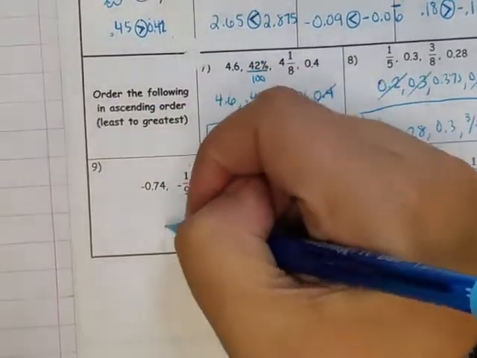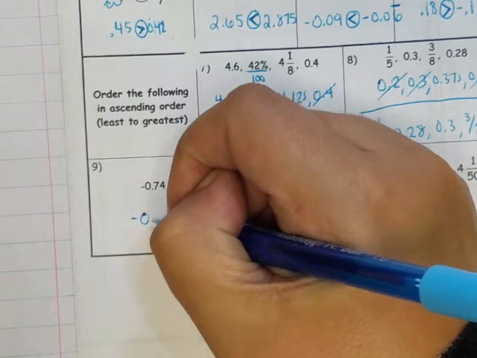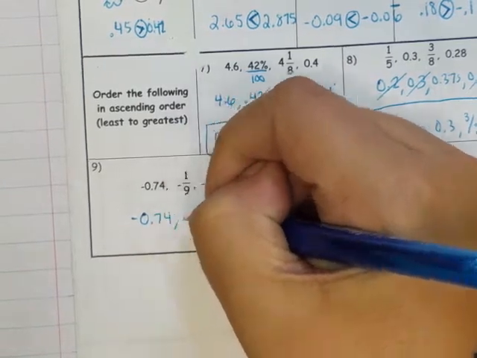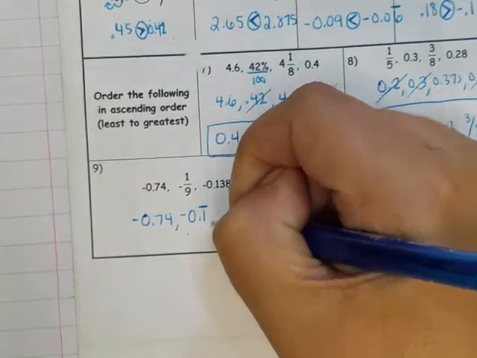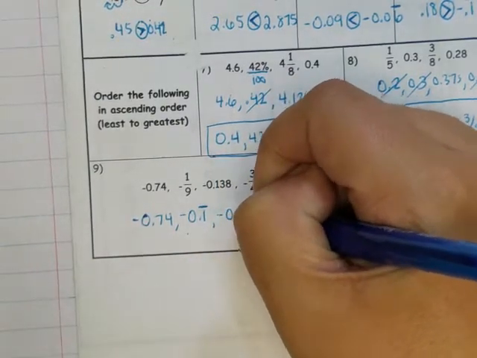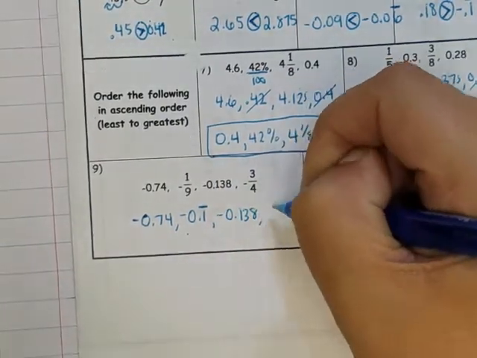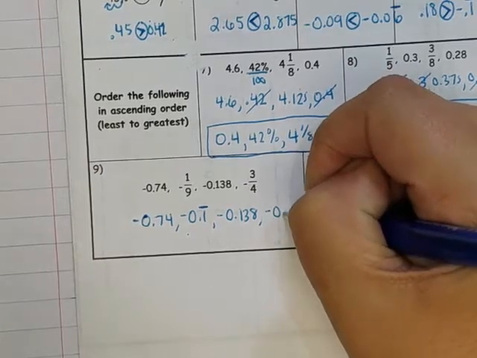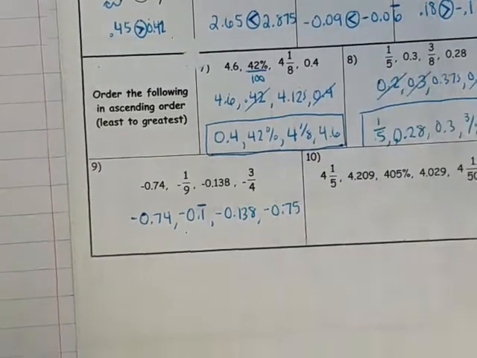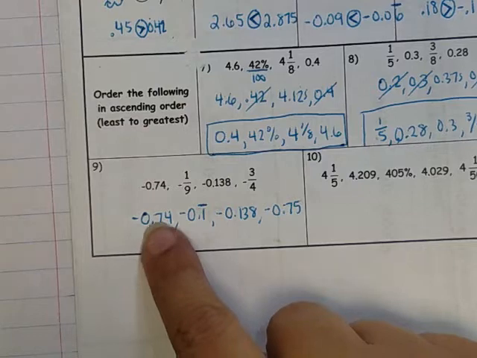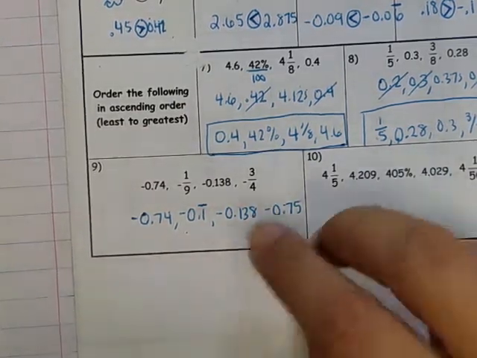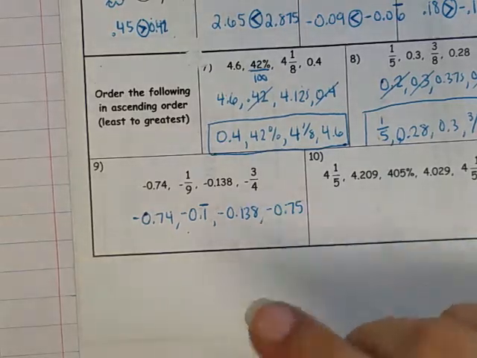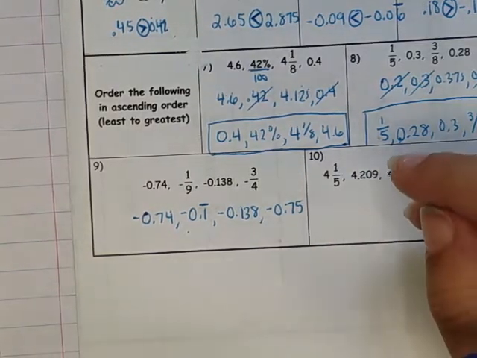So 1 divided by 9 is going to give me negative 0.1 repeating. This one's negative 0.138. And this one's going to be negative 0.75. Okay, so what I want to do is go least to greatest, but remember, the bigger the negative, the smaller the value actually is, because it's like you owing more money, so you have less and less money.